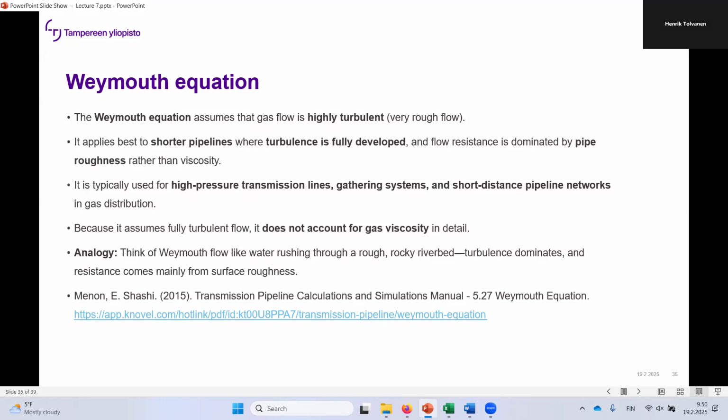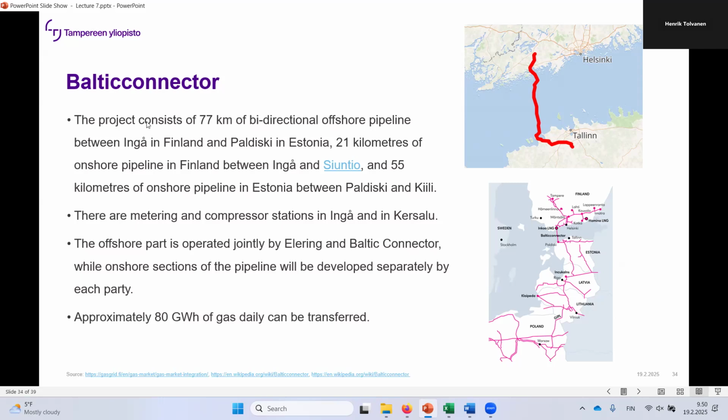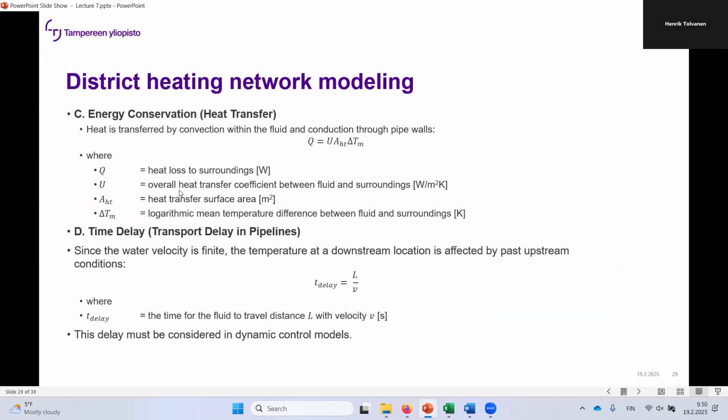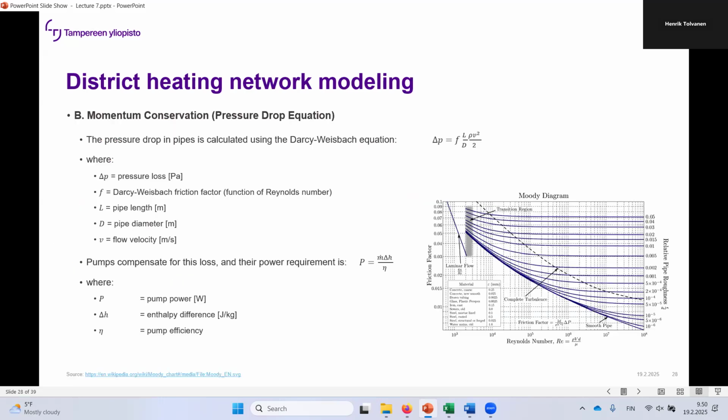I didn't put the equations here because I'm not sure if we have time to go through them in the exercises. The main thing I want you to remember from these equations is the Darcy-Weisbach from the Bernoulli equation.